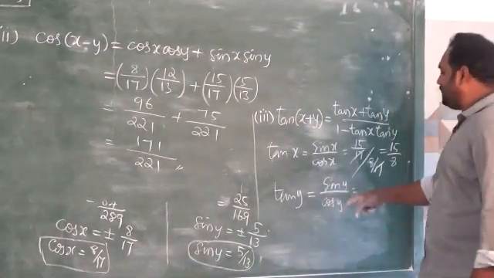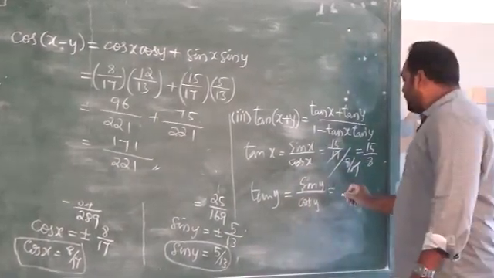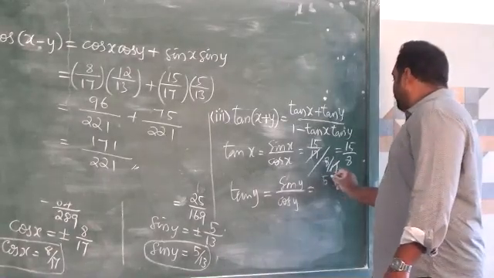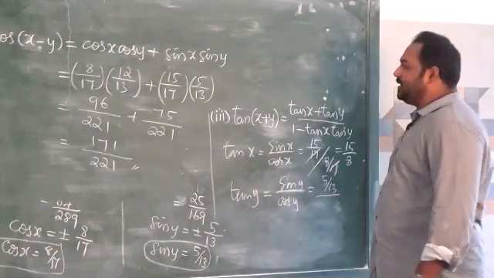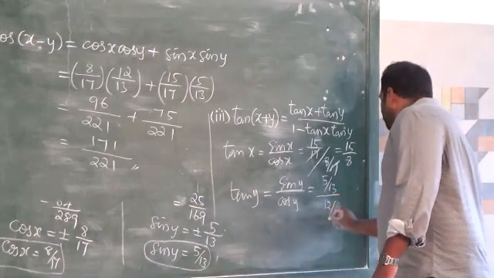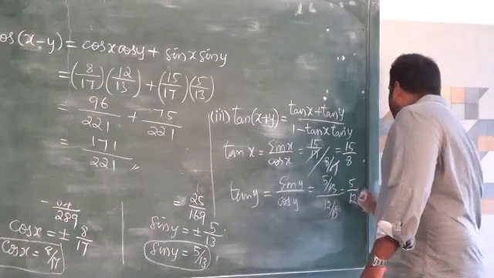You can write the value directly, no need to always write the formula. Sin y value is 5 by 13 divided by cos y value 12 by 13. 13 will be cancelled, it is 5 by 12.